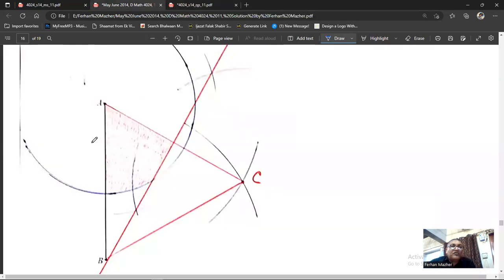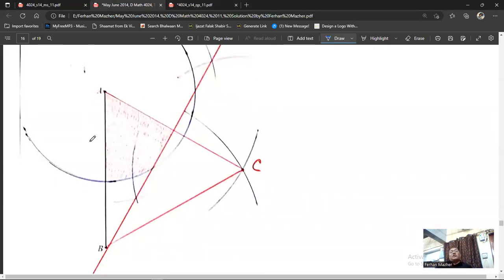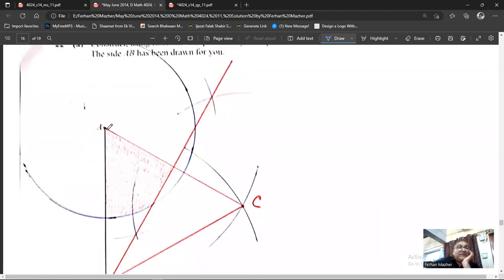Okay, so let me show you from here. So here you can see I will put the compass on point A, and I will draw this arc, then I will draw this arc. From A, I have drawn this arc, and this is the arc, which is very dim.